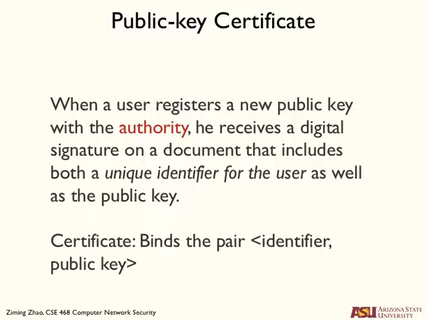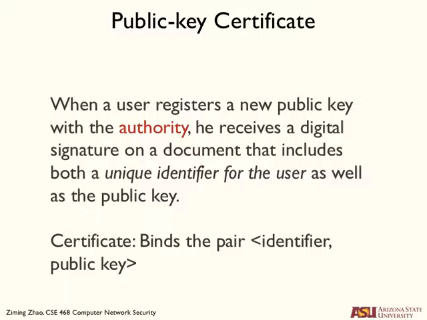Then how can you verify this certificate is valid? We use a digital signature. Someone who has authority, someone we trust, will sign Alice's certificate to prove that Alice's identity is actually associated with Alice's public key.